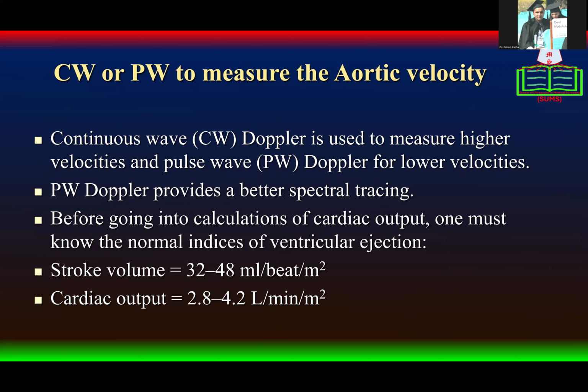In the case of a stenotic valve, the velocity could hardly reach 600 to 800 centimeters per second, and that could easily be encountered with the help of pulse wave Doppler. There will be no need for continuous wave Doppler, because previously continuous wave Doppler was used because there is no aliasing with the use of continuous wave Doppler.